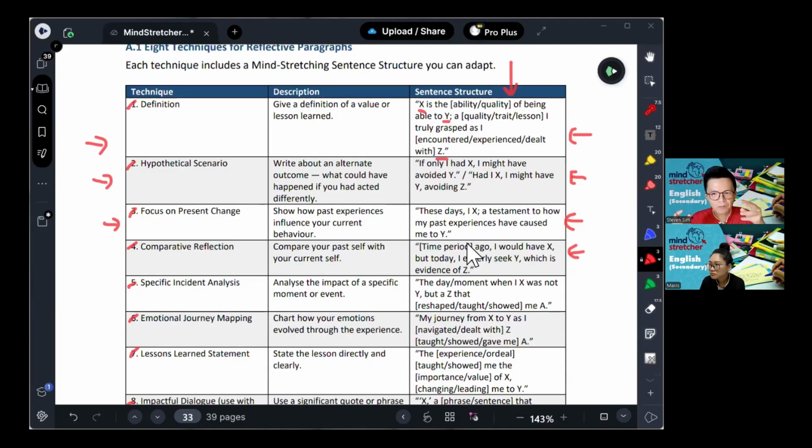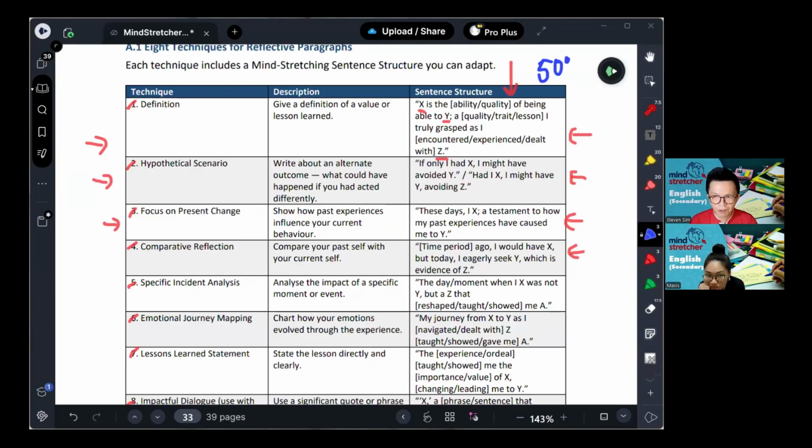And each of these can be a paragraph by itself, or you can also combine them. So there are 8 techniques here. You don't need to write 8 reflective paragraphs. You can write 2 or 3 reflective paragraphs. This is what you use to write your conclusion. This is what you use to write your introduction. This is what you use to write your reflection. So half of your personal recount can be prepared beforehand.